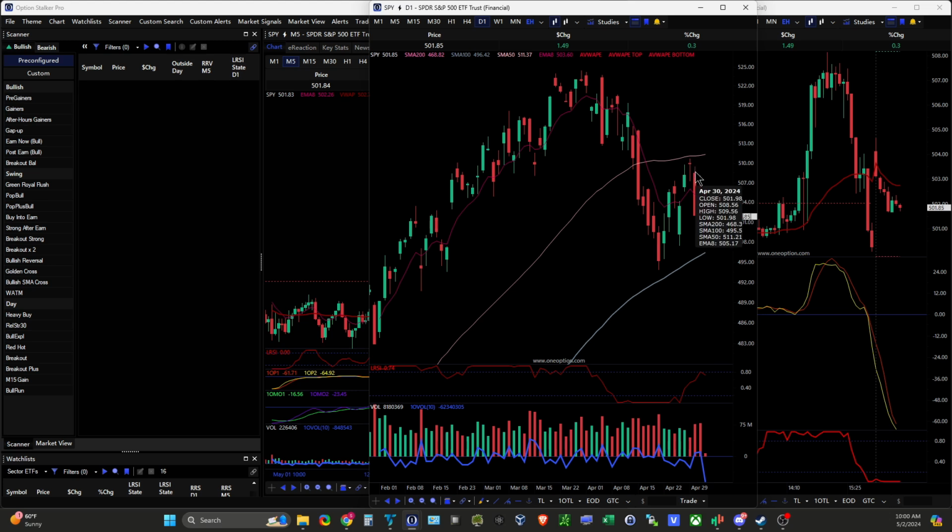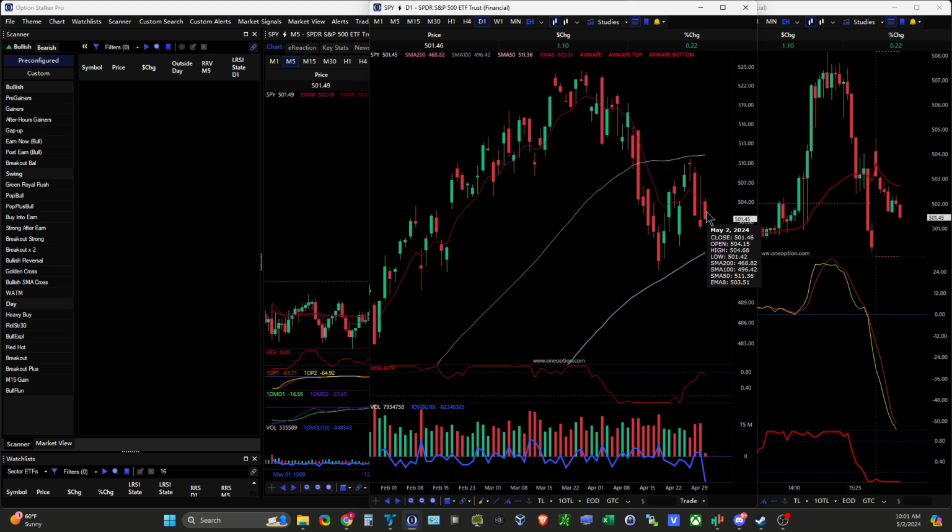Number one, are we above the high of the previous day? We're not. Because we're not above the high of the previous day in the market, bulls have not said that they want to get above this level. This level's still intact. This is still serving as some form of resistance because institutions decided that this is a level we should sell off from all the way down to here.